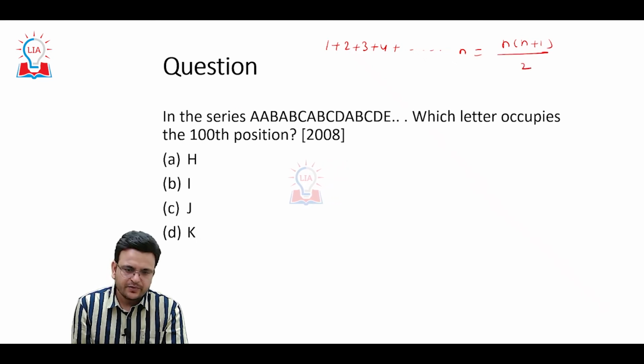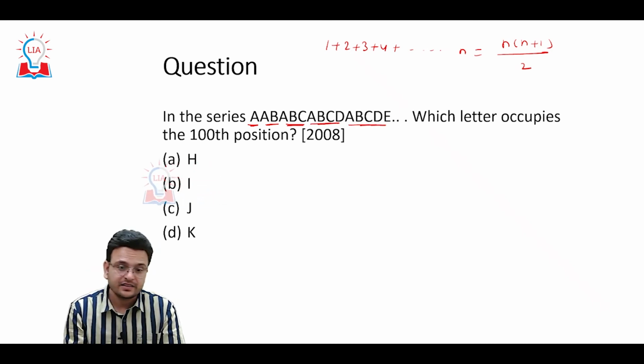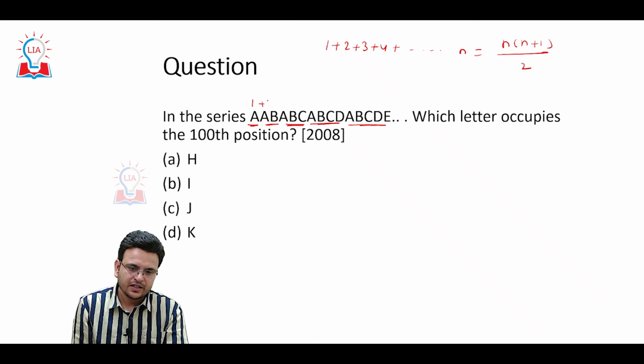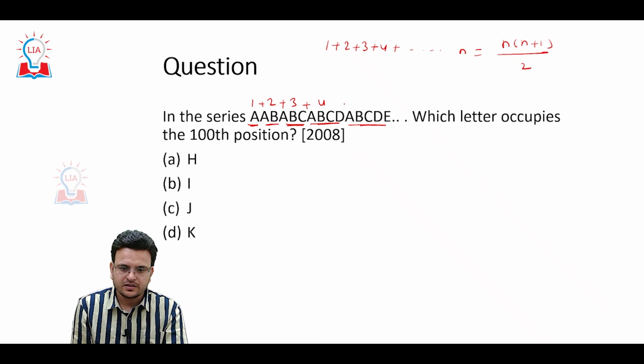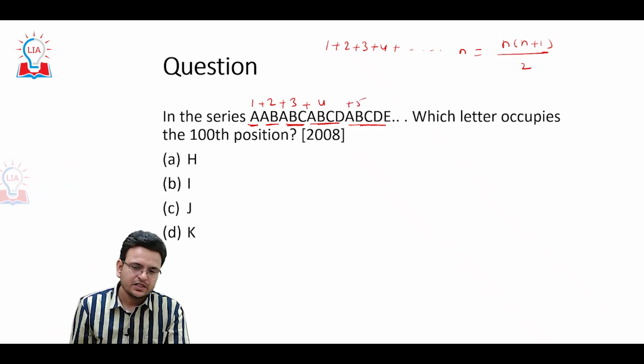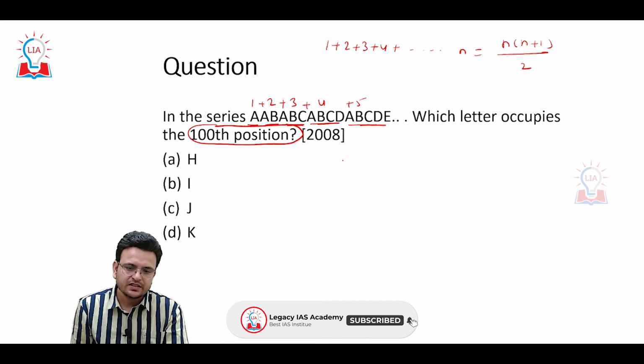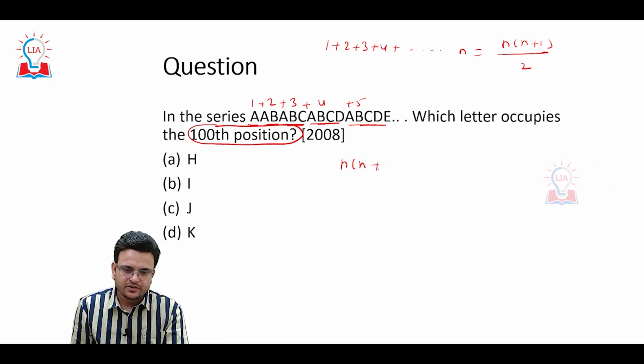In this, if you see the series, A, then A B, A B C, A B C D, A B C D E, it is nothing but 1 plus 2 plus 3 plus 4 plus 5. Sum of the natural numbers. You have to only find the 100th position of this series.